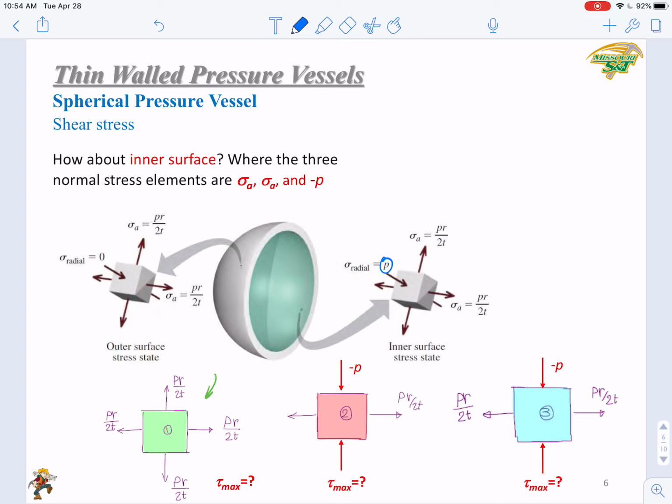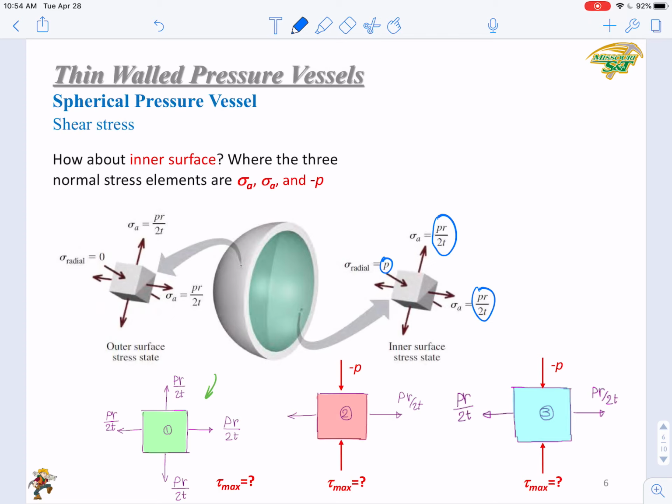Along the other 2 directions, you have the same as the outer surface, sigma A, PR over 2T, PR over 2T. Since we assumed that the distribution of normal stress along the radial direction across the thin wall is uniform, these 2 components will be the same. Just the third component will become P, not 0.